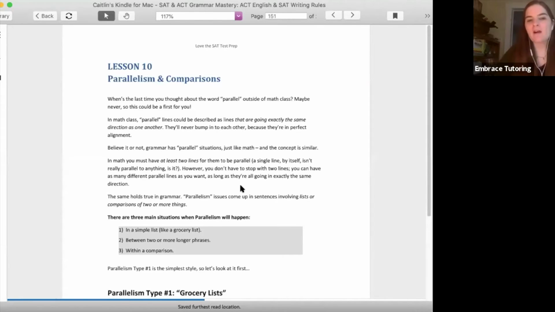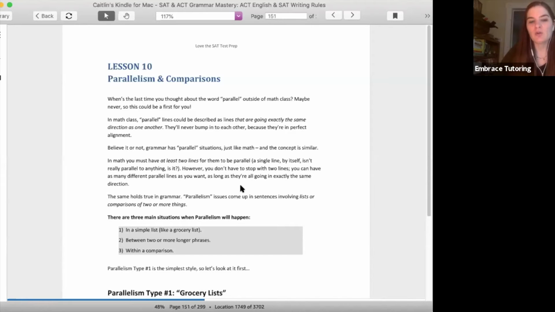Okay, so what parallelism and comparisons are dealing with is that you have three main situations that will happen when you're dealing with parallelism. You can have a simple list, like a grocery list. So in a grocery list, you're listing nouns, right? You're listing nouns of things that you need to pick up. So all of those are in the same grammatical category.